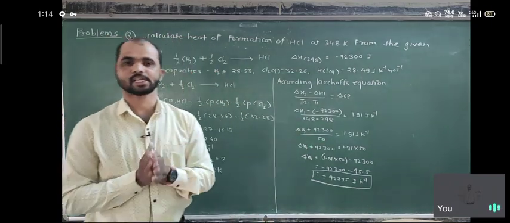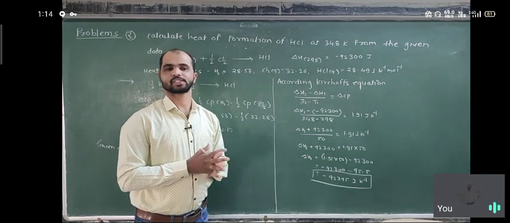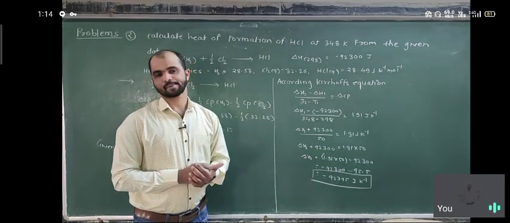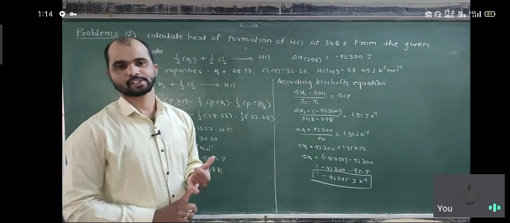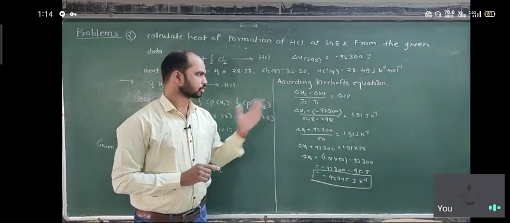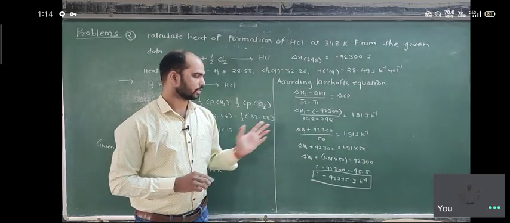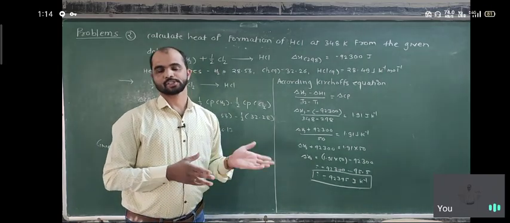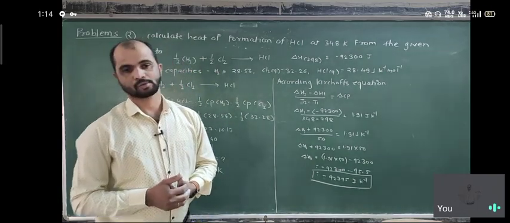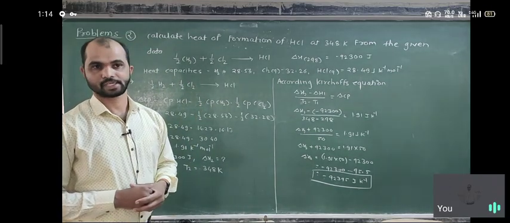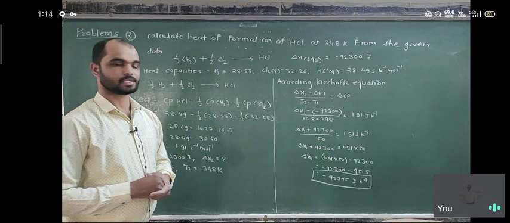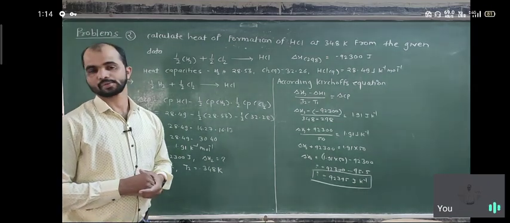So heat capacities are given to you between the two temperatures, so there is an average heat capacity. Using the average heat capacity, first of all calculate the change in heat capacity. Then using Kirchhoff's equation we can find out the heat of formation at temperature 1 or temperature 2, depending on which data is given to you. So if T2 is given, we can find out T1, or if T1 is given, we find out T2. So here the problems are finished.